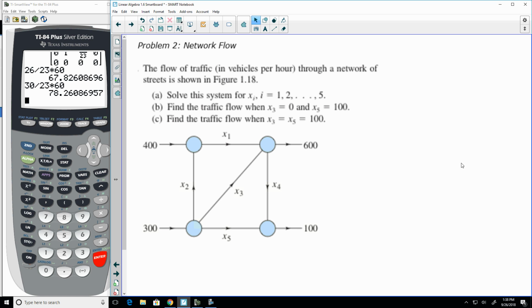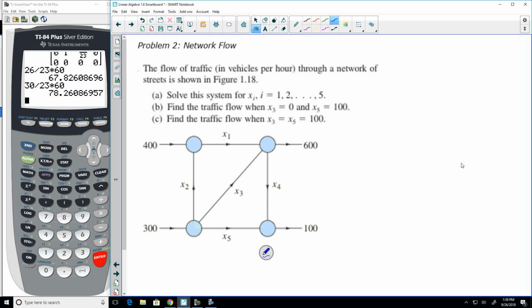The equations are going to come out of the intersections. We assume that the number of cars that go into an intersection equals the number of cars that come out; they don't disappear into another dimension. This is like a conservation law: we don't create new cars, and cars are not destroyed in the intersection.